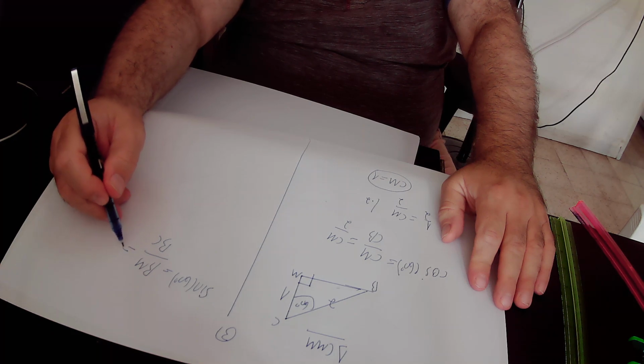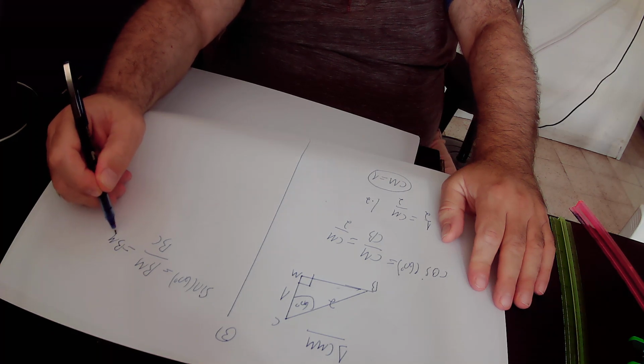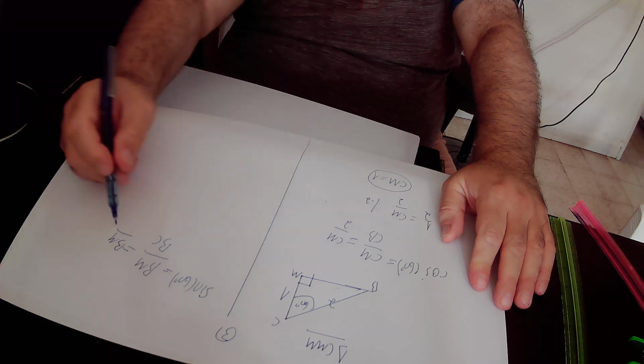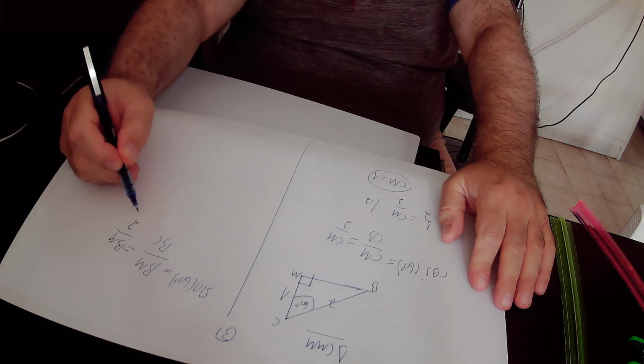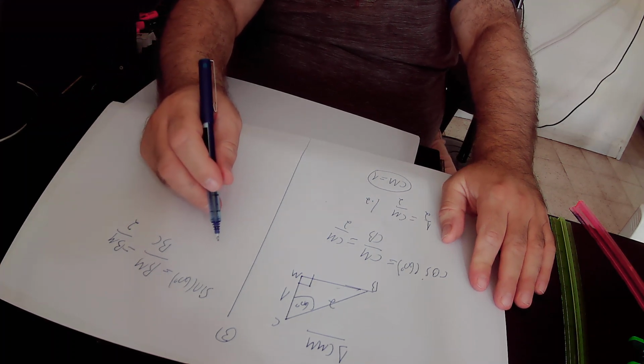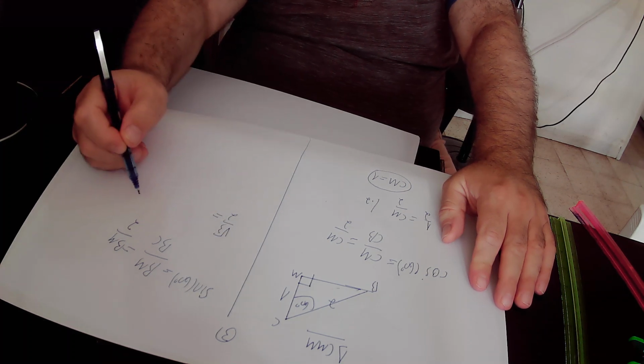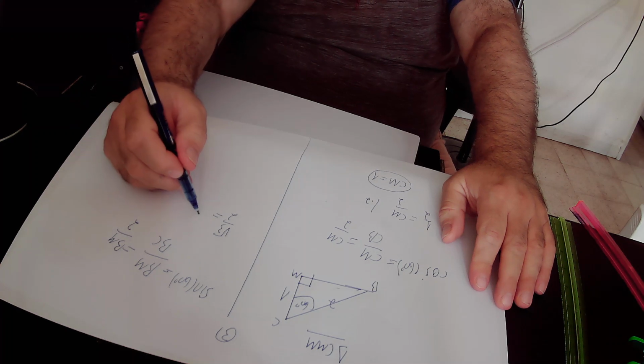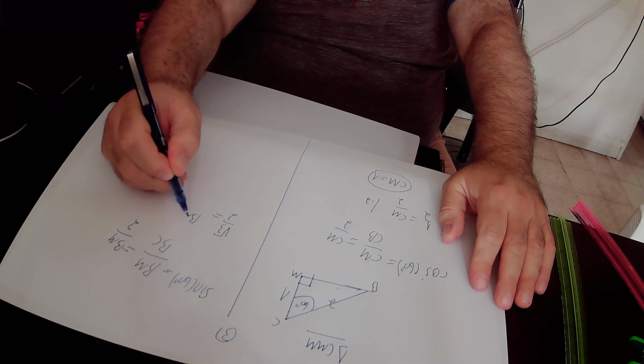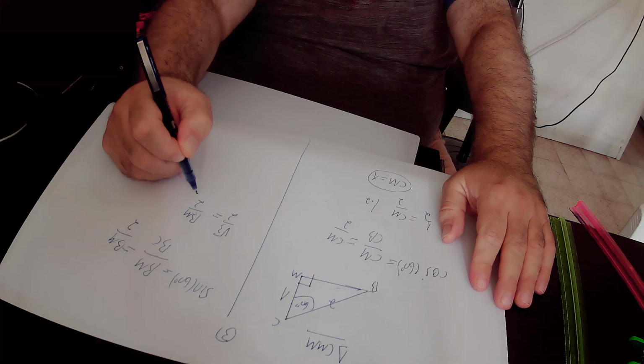BM is the missing segment, so we will leave it as it is. And BC equals 2 units, therefore we substitute BC by 2. And sine 60 degrees equals the square root of 3 over 2, and it is equal to BM over 2.